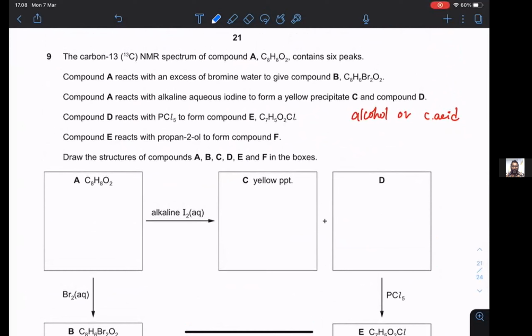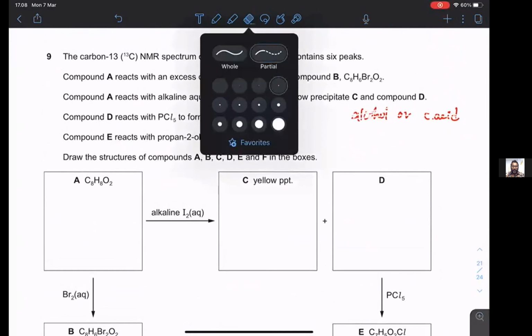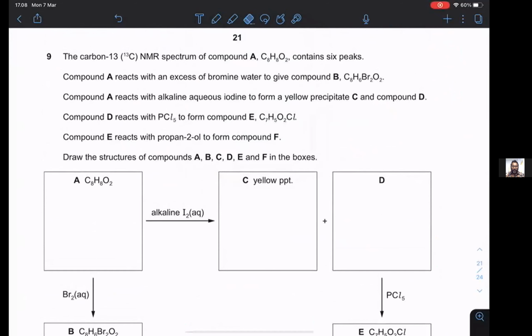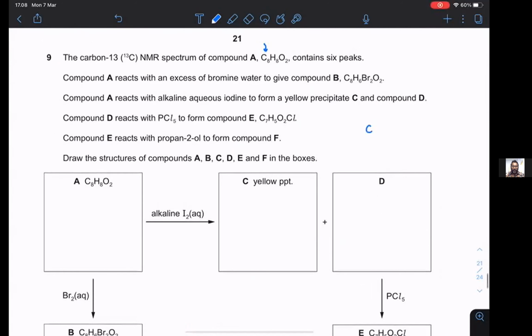But when I look at this question, the moment you see there's a lot of carbon, 8 carbon, normally when you have 8 carbon in a straight chain, 1, 2, 3, 4, 5, 6, 7, 8, we might be dealing with a lot of hydrogen.